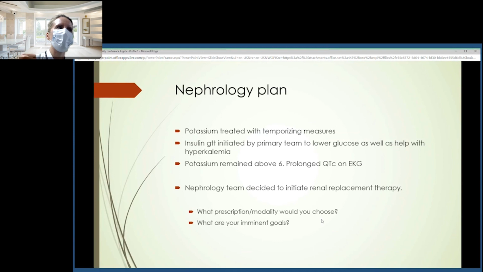So now we have to decide what dose. So what is the dose of CRT? The numbers, the blood flow, so blood flow is not your dose of CRT.